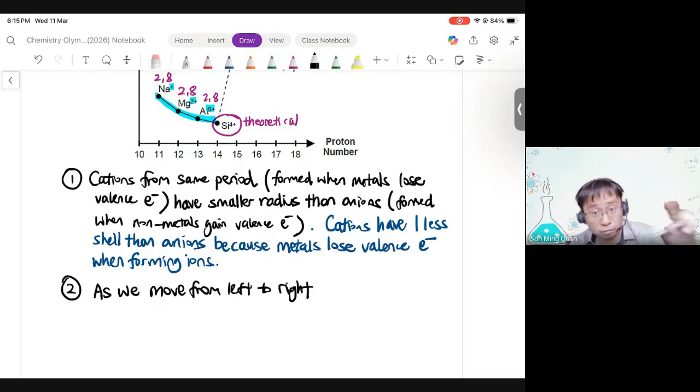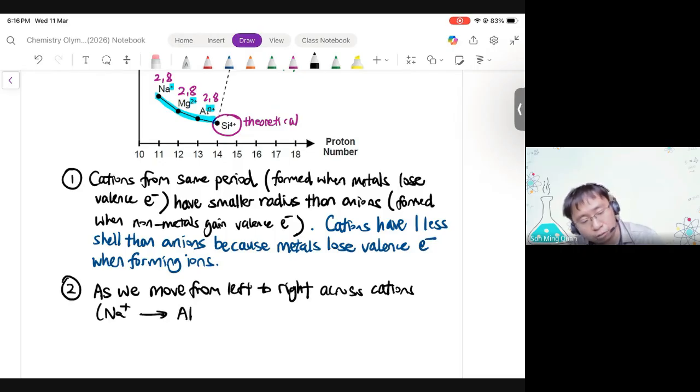As we move from left to right across the cations, Na+ to Al3+. So this is how we express it: as we move from left to right across the period, across cations, and also across the anions, right?